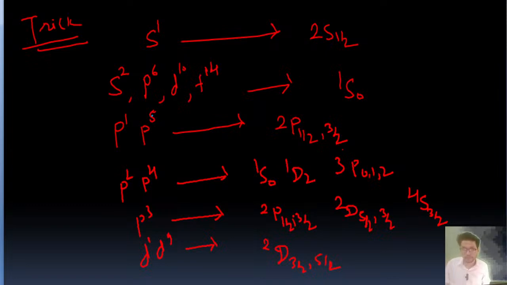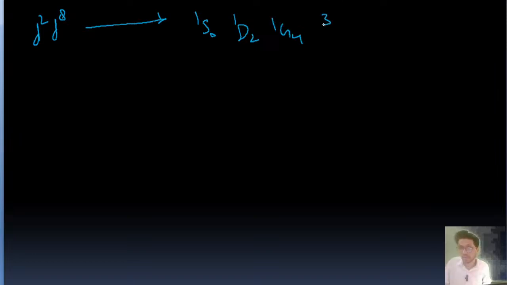Okay, next is for d8, the terms are 1S0, 1D2, 1G4, 3P2, and 3F with J values 2, 3, 4.